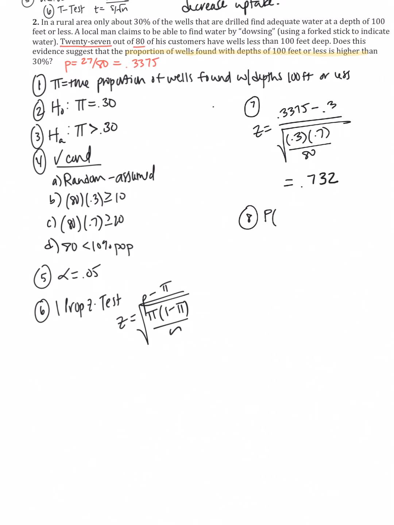What's the probability of a z-score greater than 0.372? Normal CDF, 0.372, something high like 1,000, 0 and 1. And let's see what we get. 0.232, and this is greater than alpha, so we're failing to reject that null again.